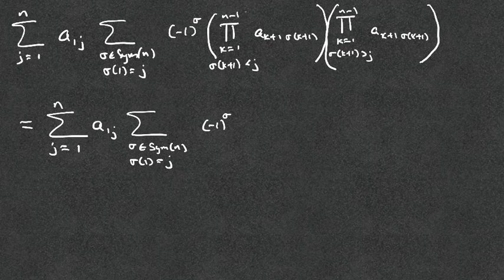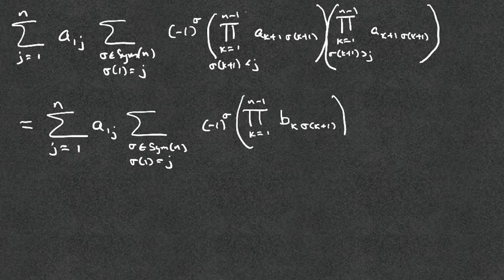And now this first portion of our product, since sigma of k plus 1 is less than j, this really is our product, k goes from 1 up to n minus 1, our b sub k, sigma of k plus 1.